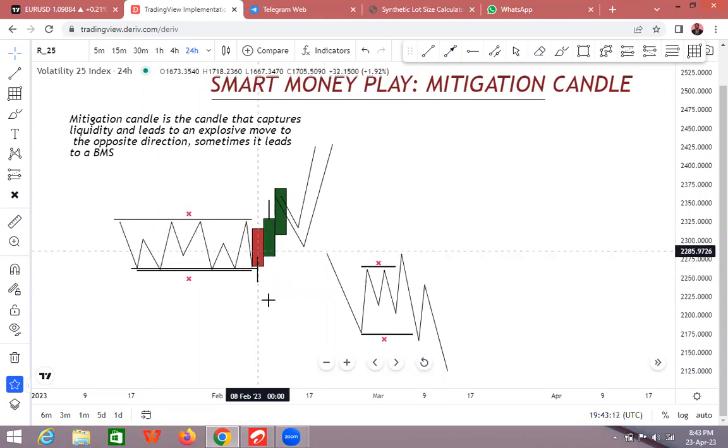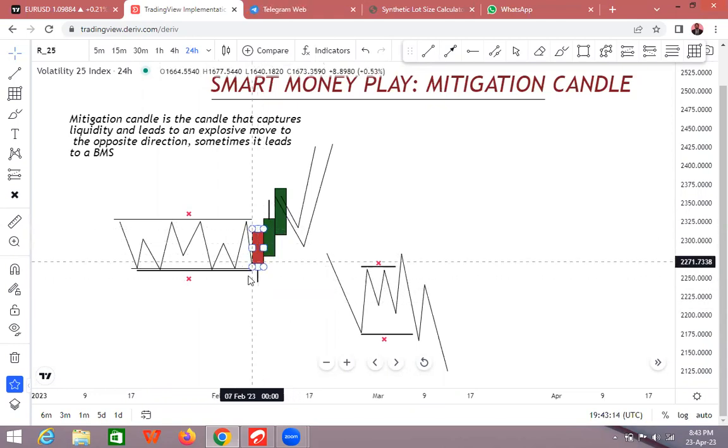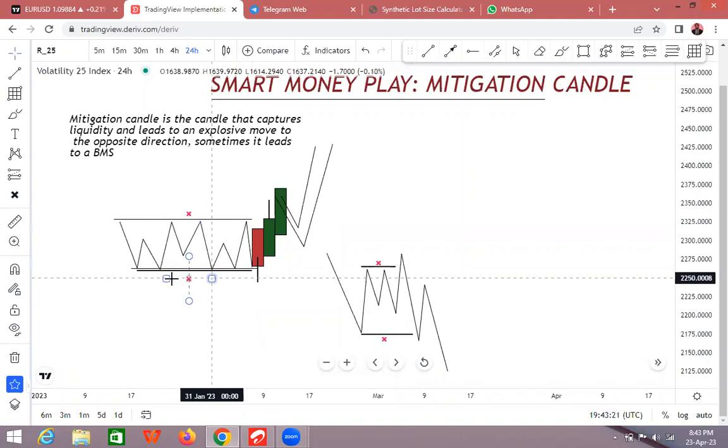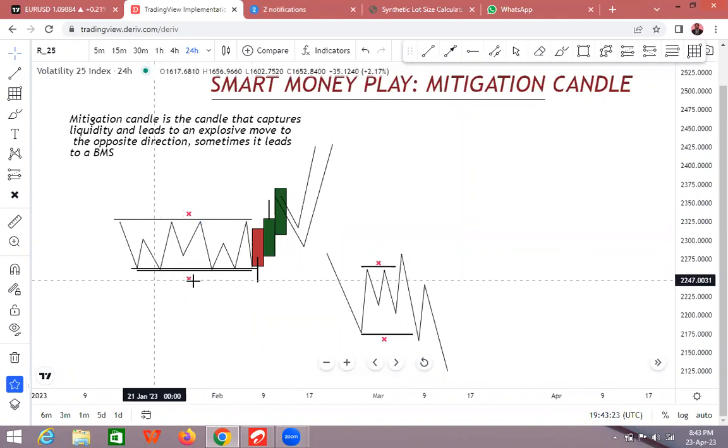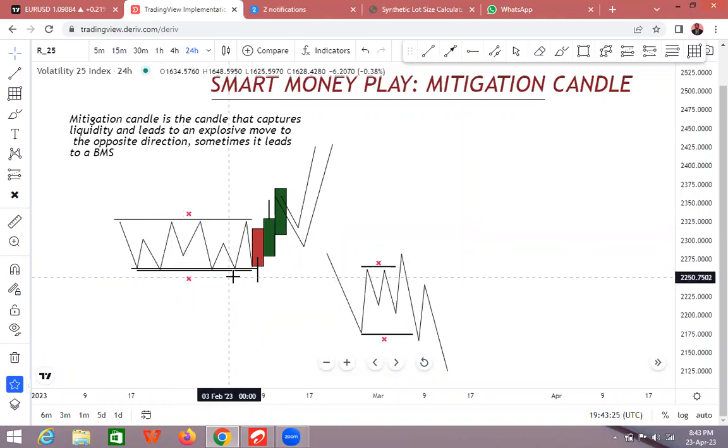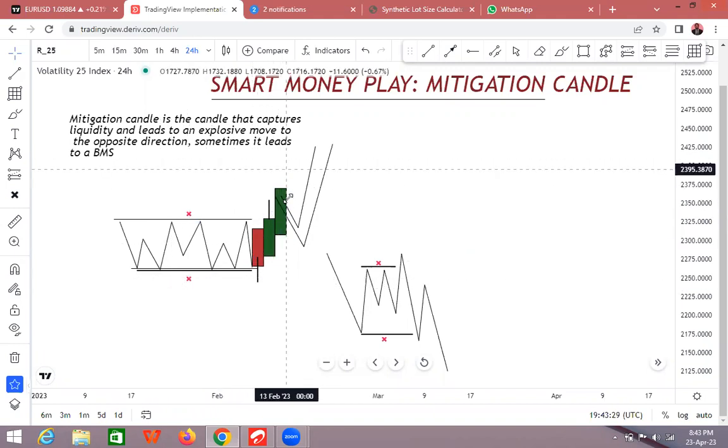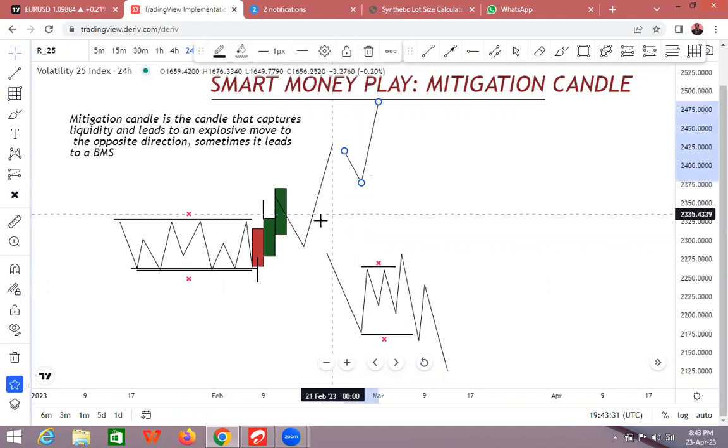We call it mitigation candle because there are orders in this candle that were put in to push price down, clear all these sell side liquidity, or double bottoms rather, and the price rallied away in an explosive move. Now, how do you trade it?